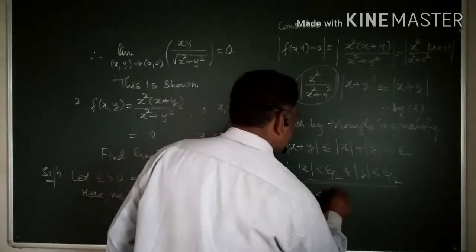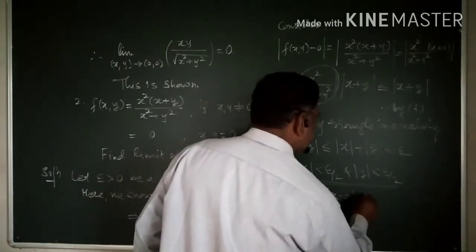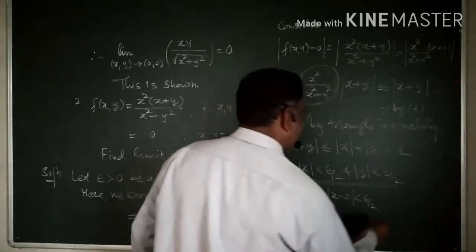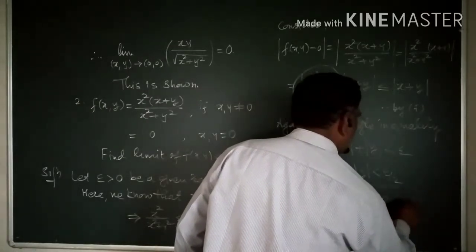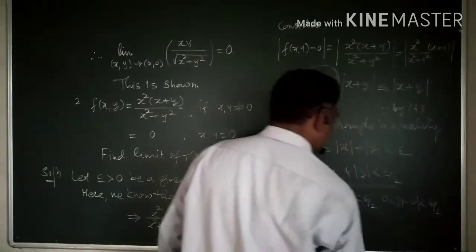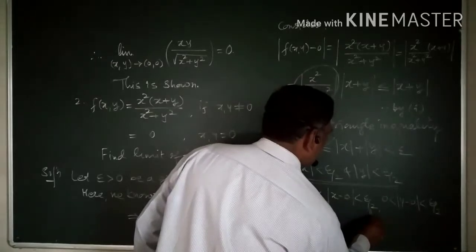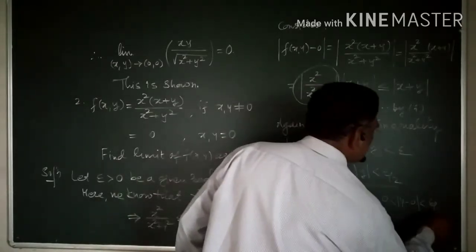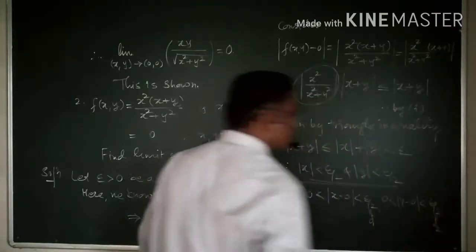That is, 0 is less than absolute value of x minus 0, which is less than epsilon by 2, and 0 is less than absolute value of y minus 0, which is less than epsilon by 2, and let me call this delta, or delta 1 and delta 2.